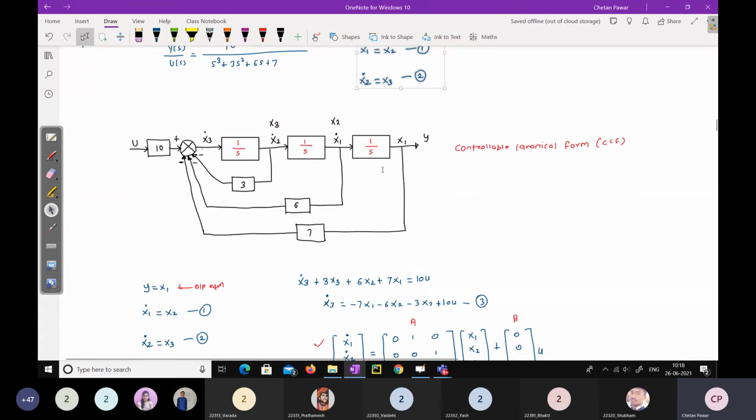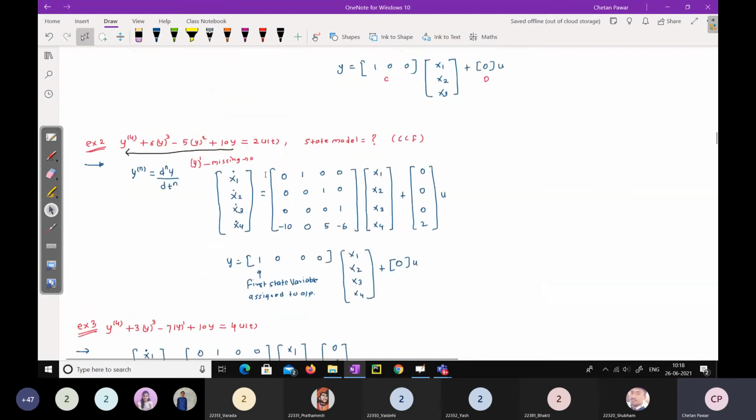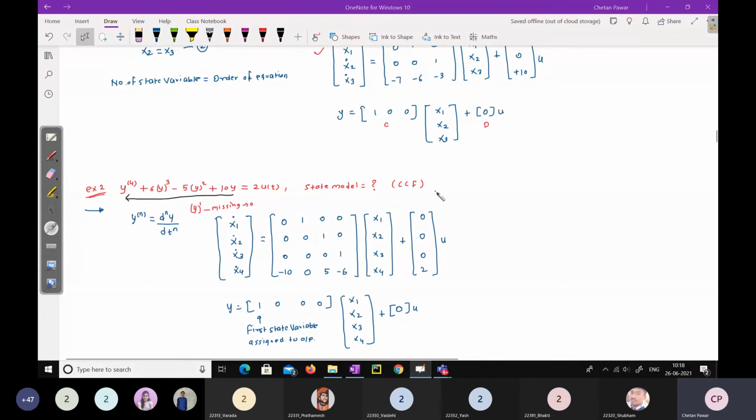So here you just see that if you want to represent this particular system in controllable canonical form, this CCF form in a state model, take the first state variable assigned to the output, means this matrix will be fixed, okay, 1 0 0 0, and input is 0. So like this way the patterns are fixed if you want to apply a shortcut technique. Whatever is given at the input side, you can just choose it for the input matrix, that is matrix B. In the A matrix, these first 3 rows are fixed.